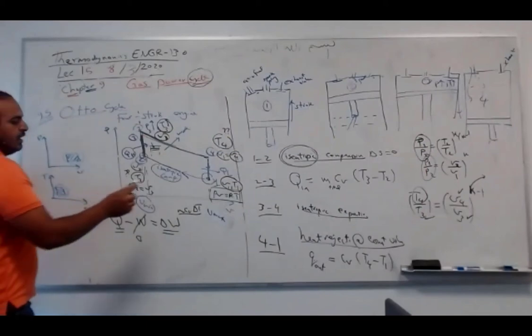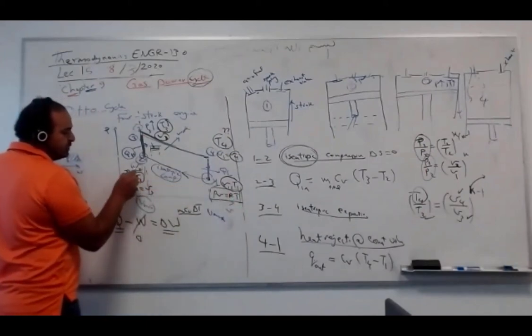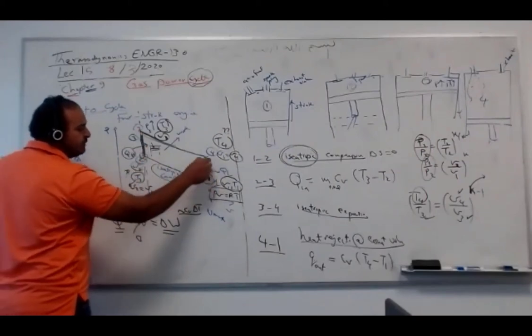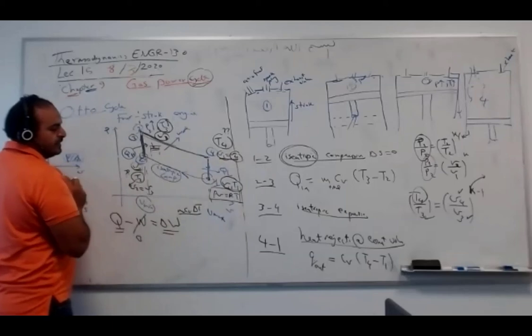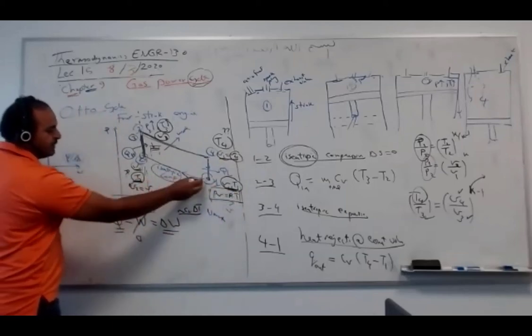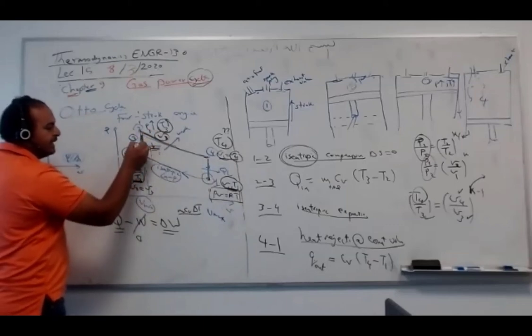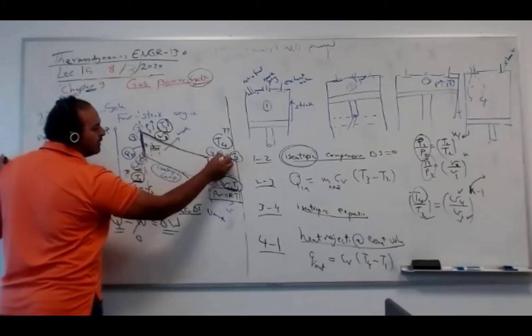Why? You have V1, T1, and V2, which equals V3, and V1, which equals V4. So you have the volume at every state. You have T1, you can get T2, isentropic. You have T3, you can get the heat. You have T3 and V3, and V4, you can get T4.